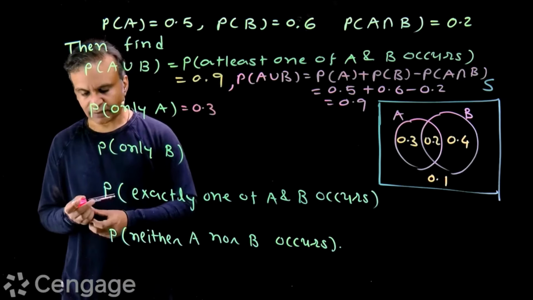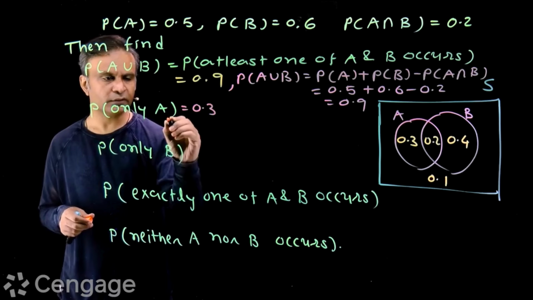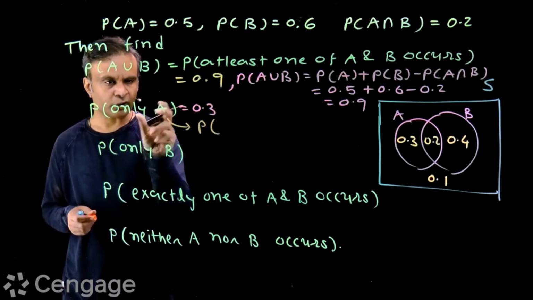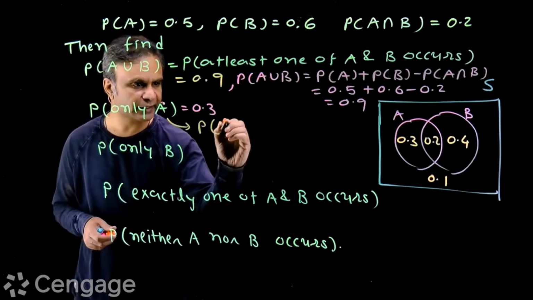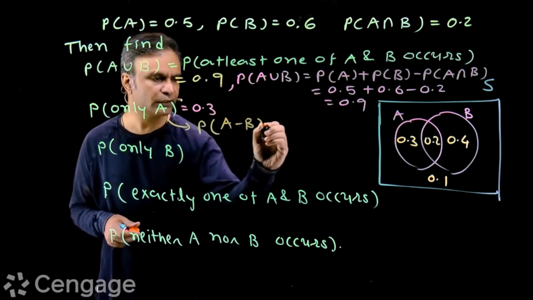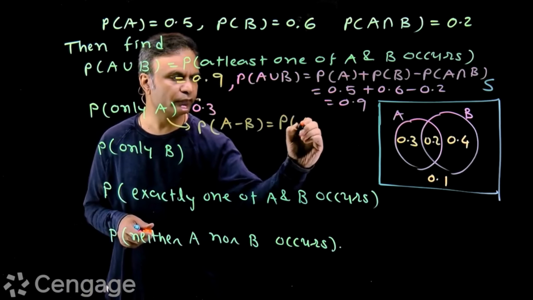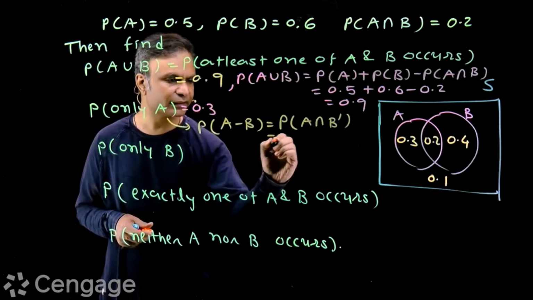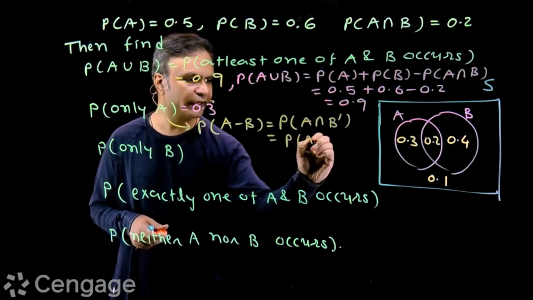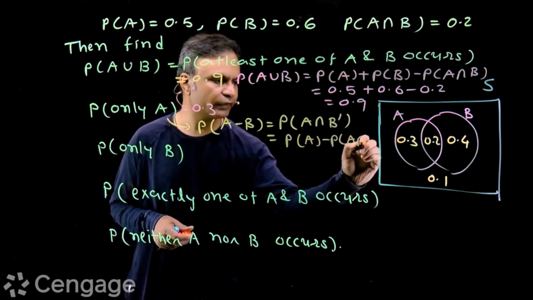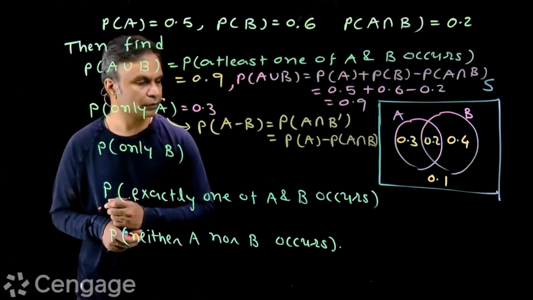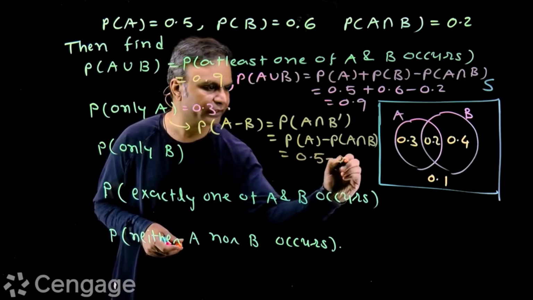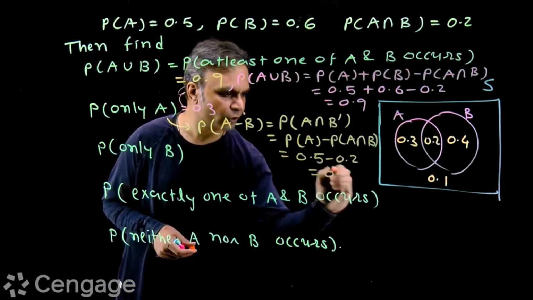In the form of set theory, we can write it this way: probability of event only A. Now only A means A minus B. This is equal to probability of event A intersection B complement. This is equal to probability of A minus probability of A intersection B, using concepts of set theory, and this is equal to 0.5 minus 0.2. This is equal to 0.3.